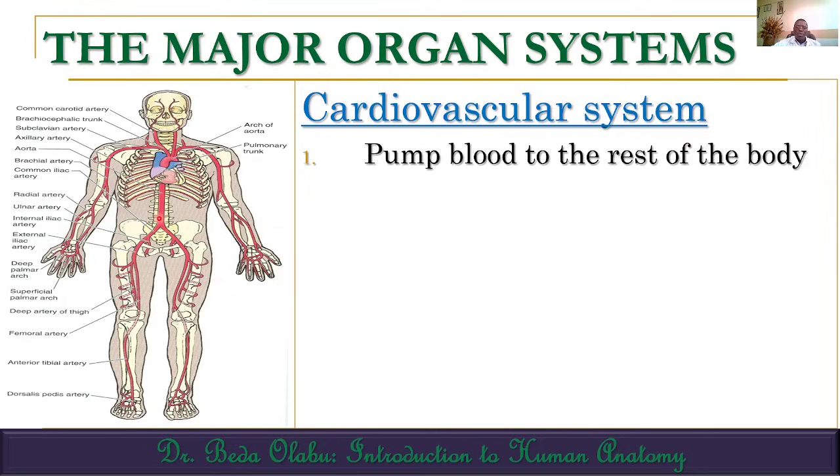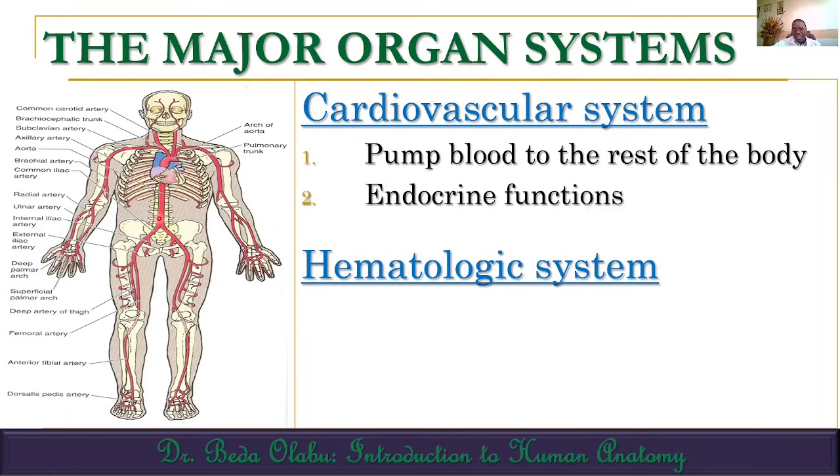We know that the role of the cardiovascular system is to pump blood to the rest of the body. At least the heart does that, and the blood vessels transport the blood. Well, the heart also produces some chemical messengers in terms of hormones, so we can say that it still has some endocrine functions.